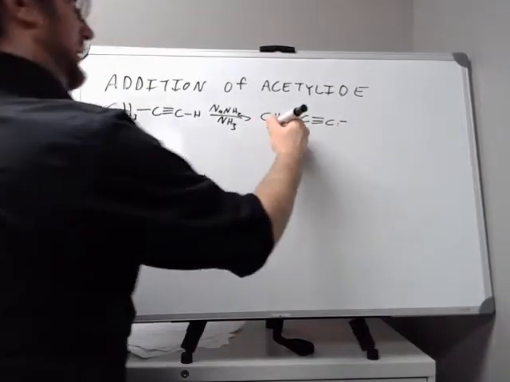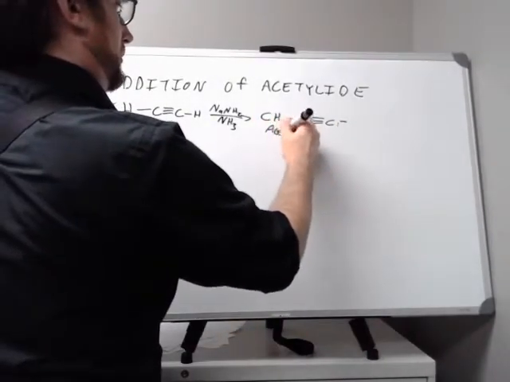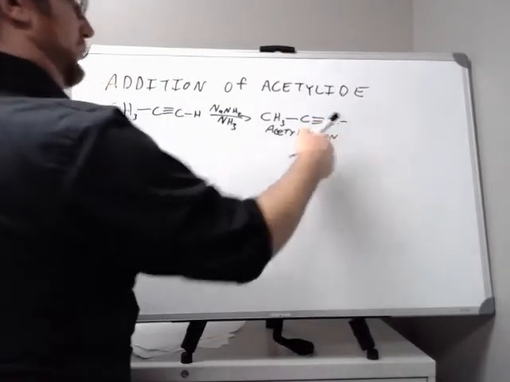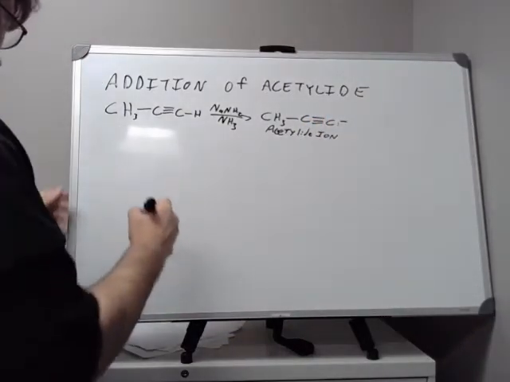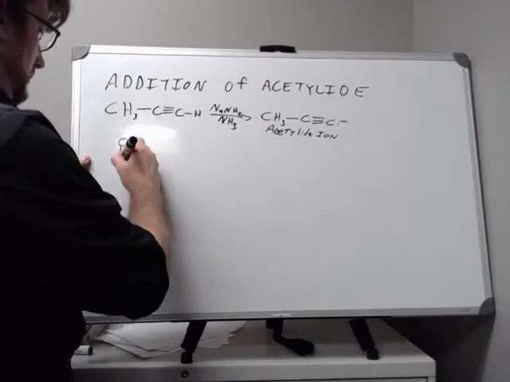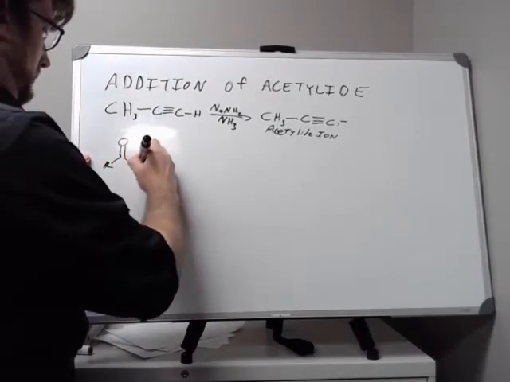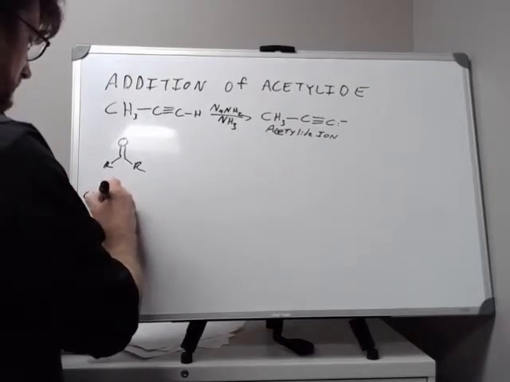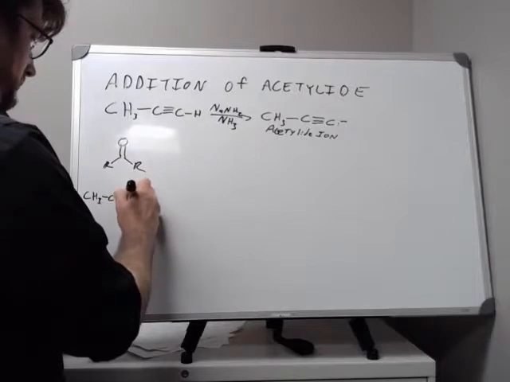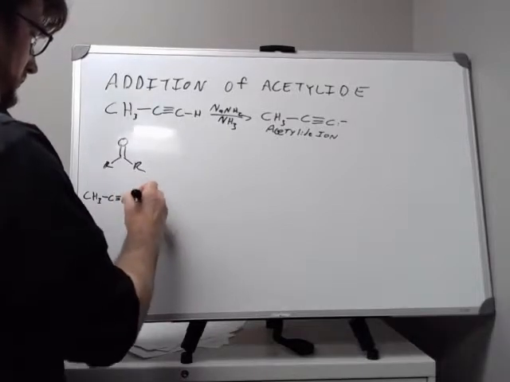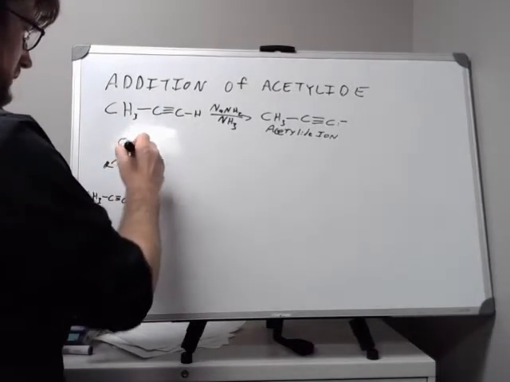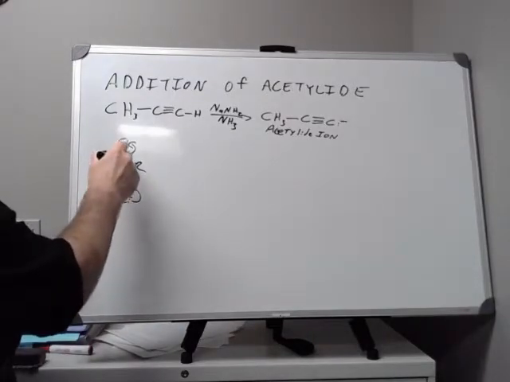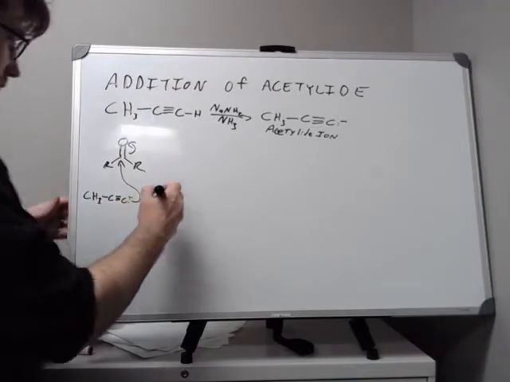But this acetylide ion can also be reacted with carbonyl through a nucleophilic addition. This negatively charged carbon can attack that carbonyl carbon, pushing the electrons up to the oxygen.